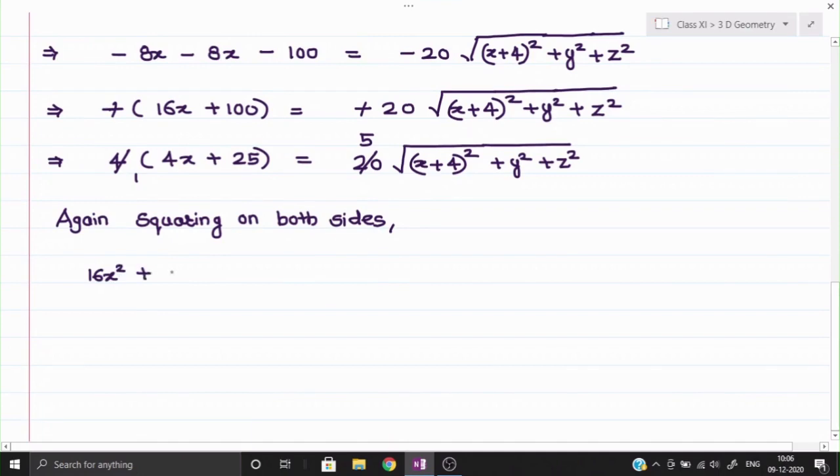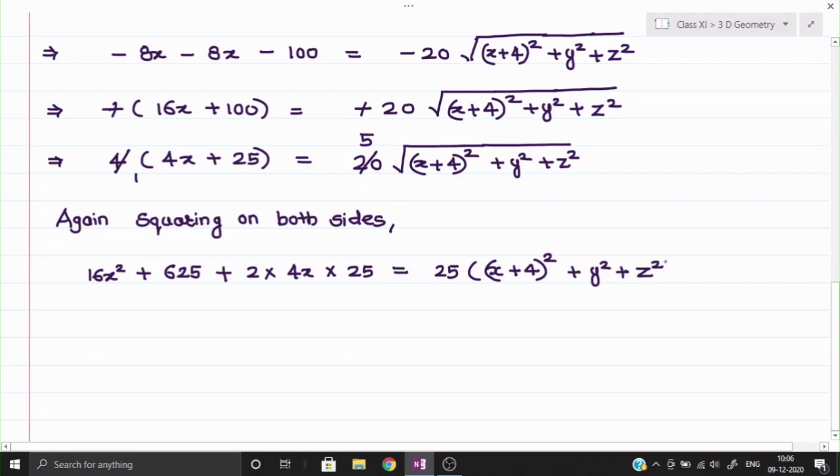Second one is square of 25, that is 625 plus 2ab, 2 into 4x into 25 is equal to, now here square of 5 is 25, in bracket this will be (x plus 4) whole power 2 and plus y square plus z square.